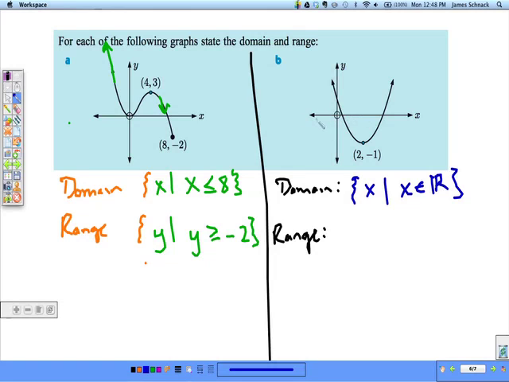This graph goes forever to the left and forever to the right. Our range, the set of y's such that y is greater than or equal to -1. -1 is the lowest that this graph gets, and it's everything above that.